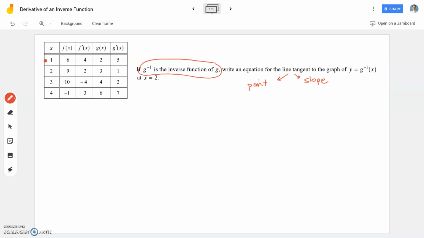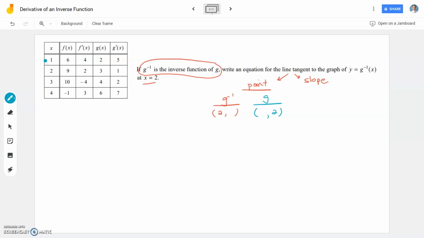Now specifically, our goal is to write this equation when x is equal to 2. So in order to find my point, it's important to consider that I'm looking at the function g inverse, and I want to know the y-coordinate when x is equal to 2. And keep in mind that if that's true of the function g inverse, then the corresponding point on g is going to be (something, 2).